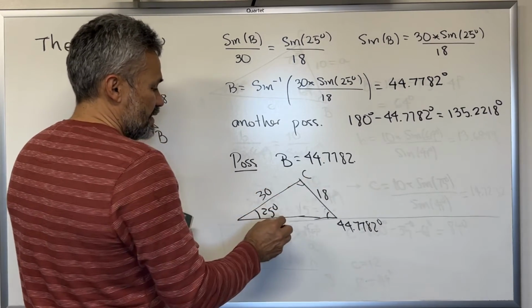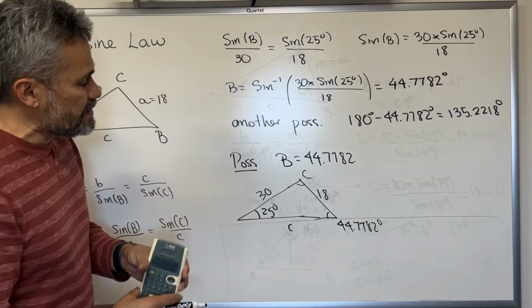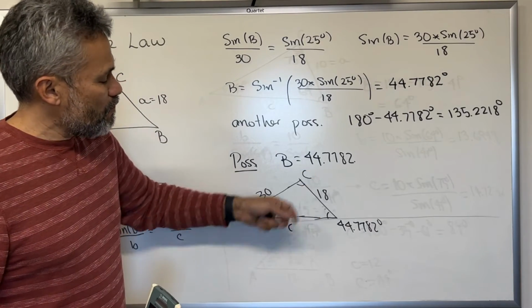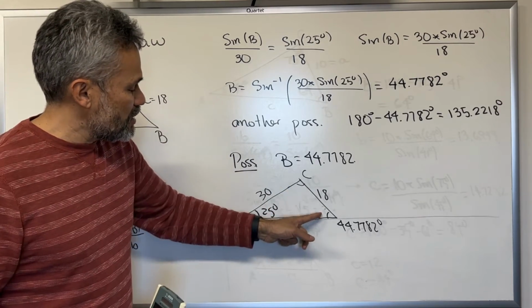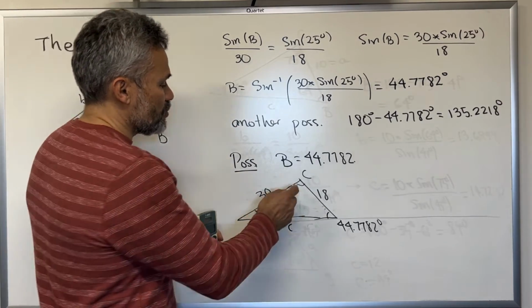Notice that in this case, this is the easy case for the sine law because we have two angles. Since we have two angles, we can compute the third angle.